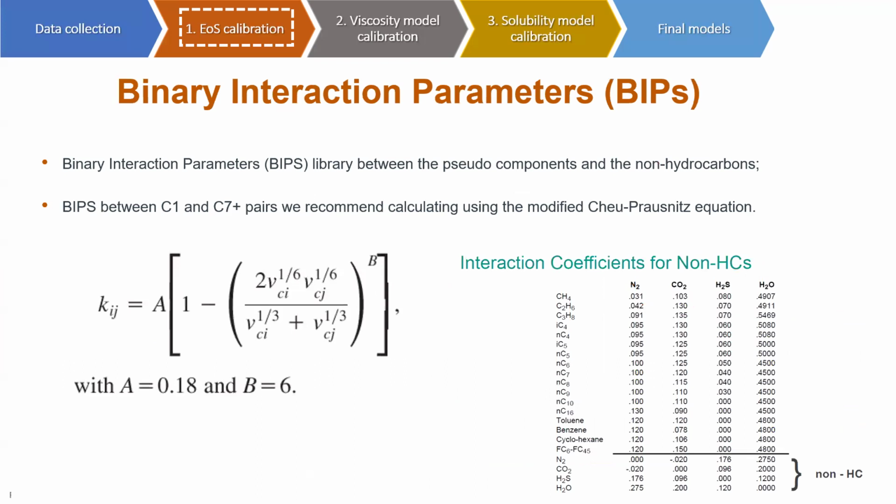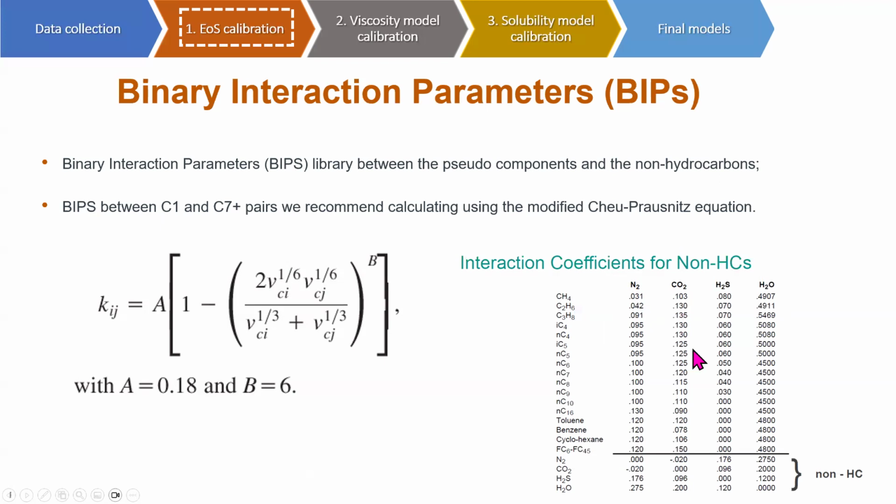So this is one table that allows us to see some standard, some default values for those parameters between hydrocarbons and non-hydrocarbons. The non-hydrocarbons in this table are nitrogen, CO2, H2S, and water, okay? So as you can see, when the component is different, this value is greater, okay?